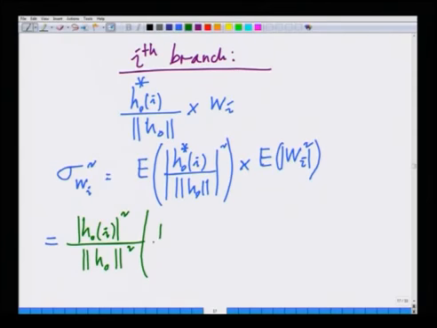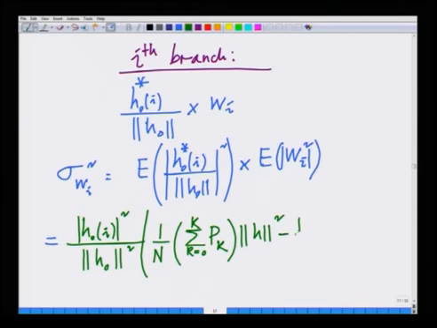So, that expression is nothing but 1 over n times summation k equals 0 to capital K P_k norm h square, minus 1 over n P_0 magnitude h_0i whole square, plus sigma_n squared over n.